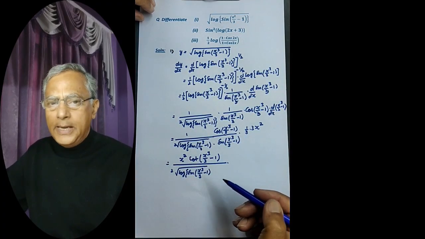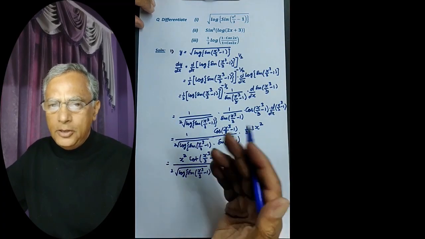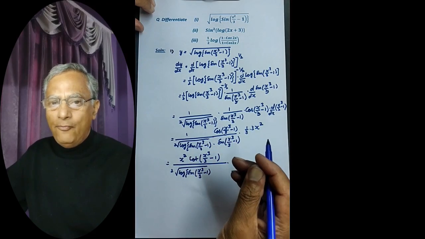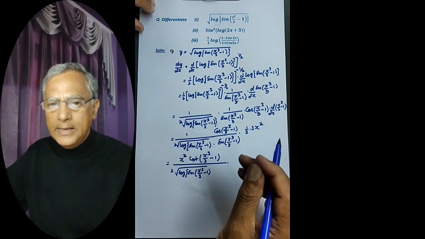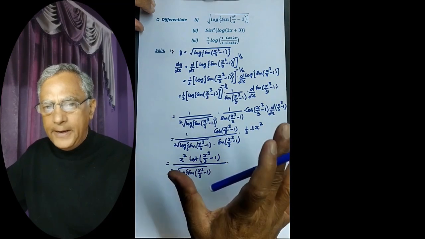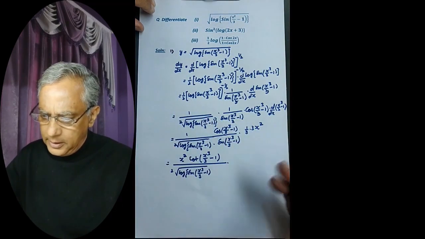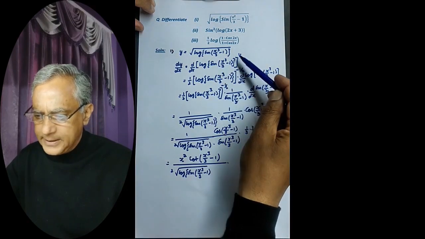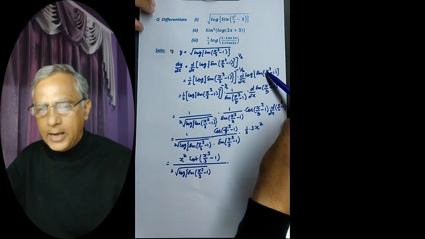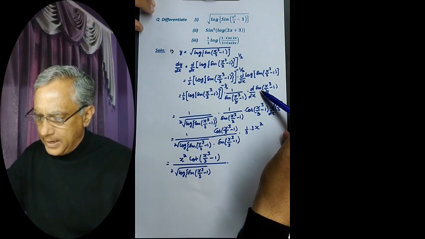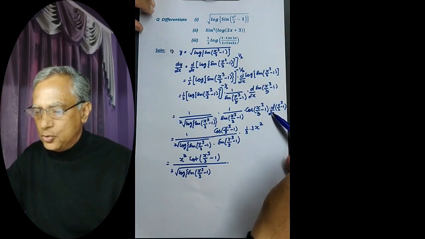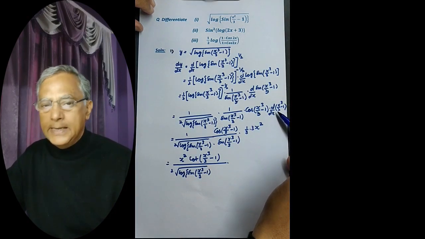Go on using the chain rule till you use a formula valid for x for x. If it is used for f(x), go on applying chain rule. Here the formula was used for f(x), here again for f(x), so we are applying the chain rule. And here the formula for x is being used for x, so the process ends here.